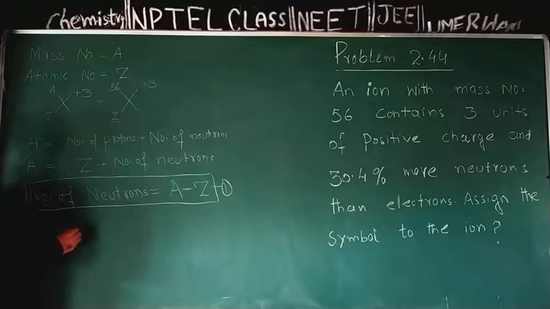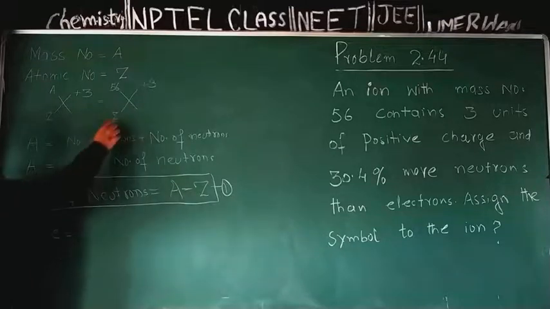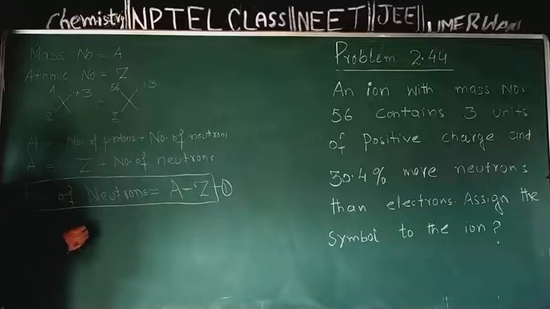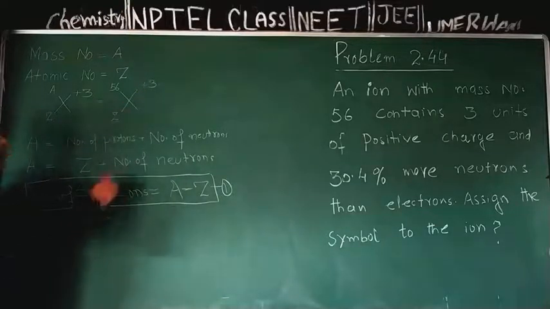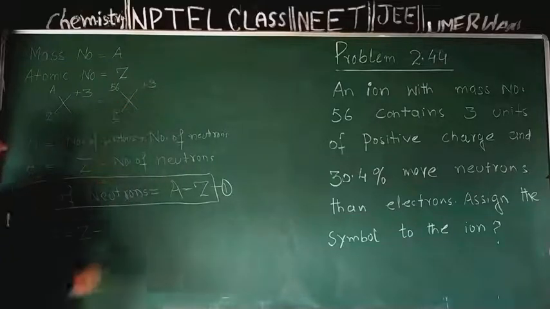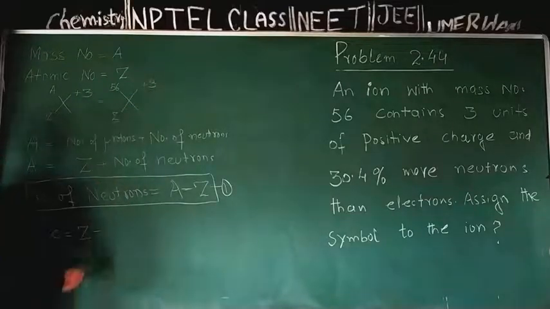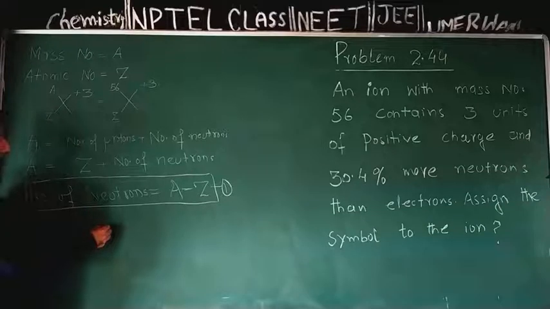Number of electrons in cation will be equal to its number of protons minus how many electrons are lost by this atom to form cation. Since it is tripositive, it has lost 3 electrons.